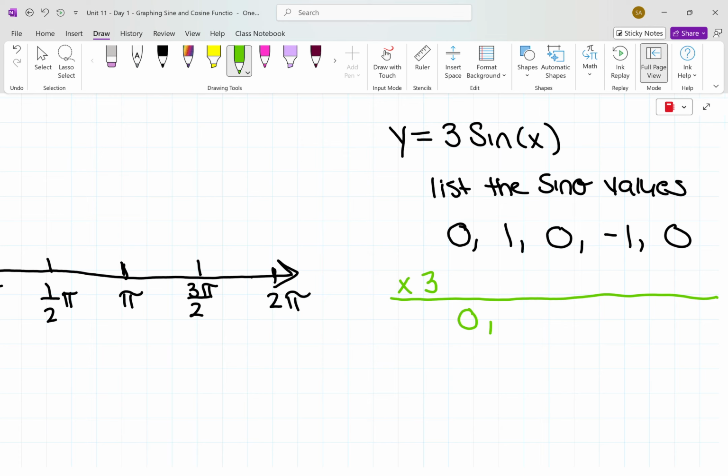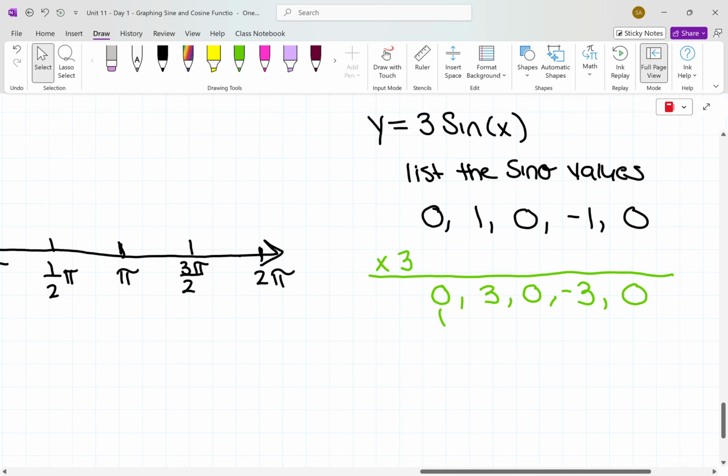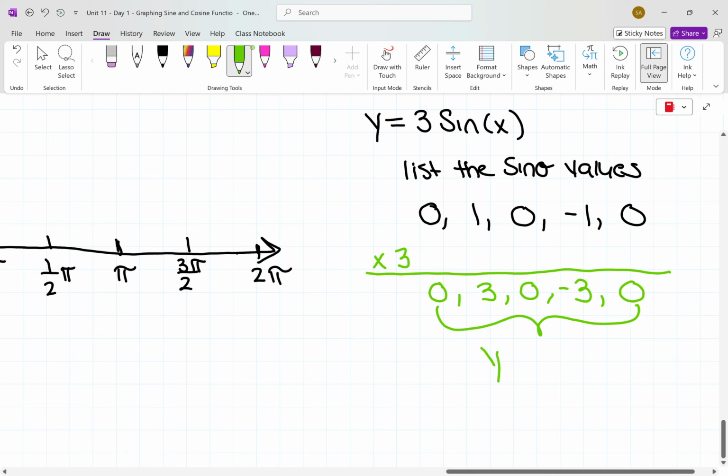So 3 times 0 is 0. 3 times 1 is 3. 3 times 0 is 0. 3 times -1 is -3. And 3 times 0 again is 0. And these represent the y-coordinates.